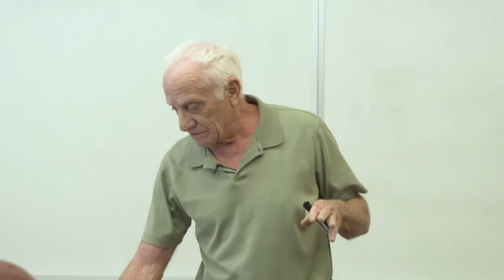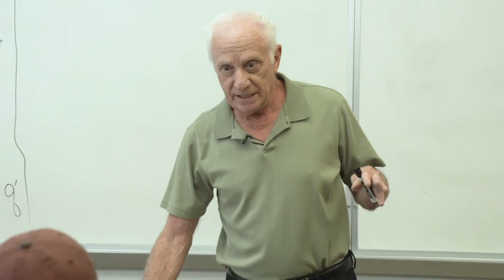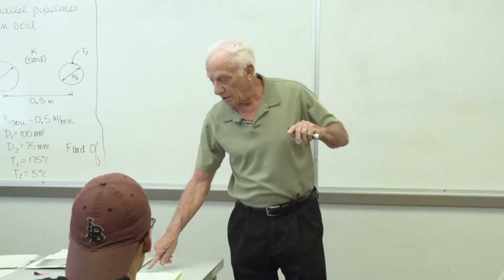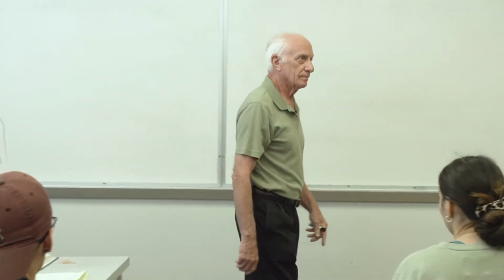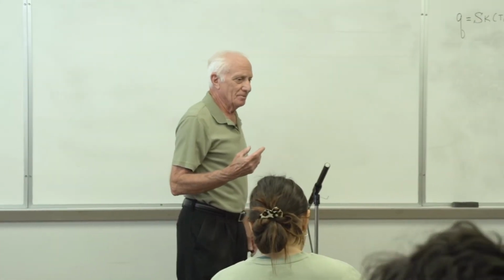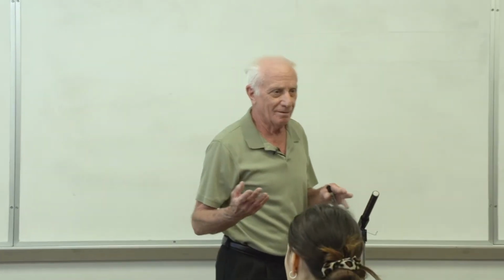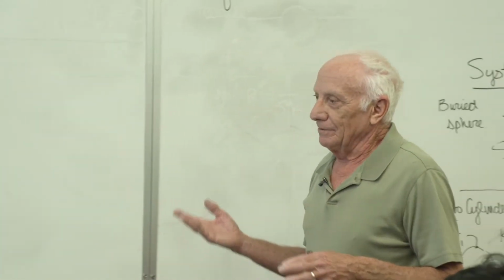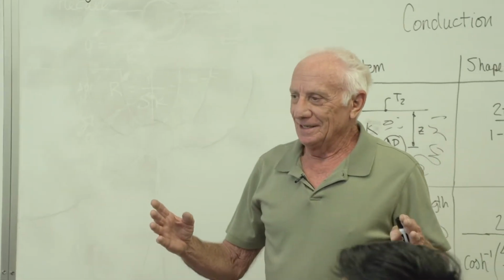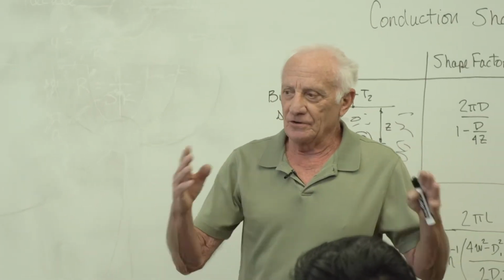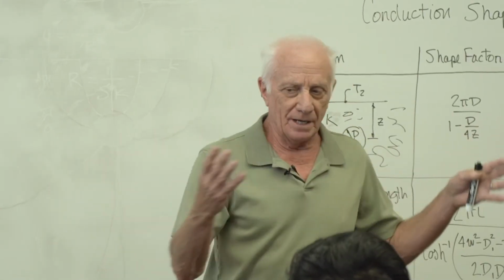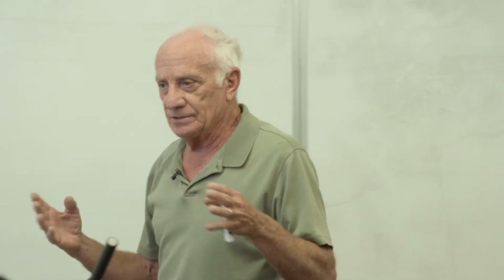You put a dime on the surface of the table at 500 degrees C, and these room walls are 30 degrees C. This is definitely a small object in a large room. But what's the magic number I use? There's no magic number. You make a call. So look for keywords. In radiation, look for small object in a large room. In a problem like this, look for long pipelines. If you see those keywords, they're giving you hints of what to do in table 4.1.